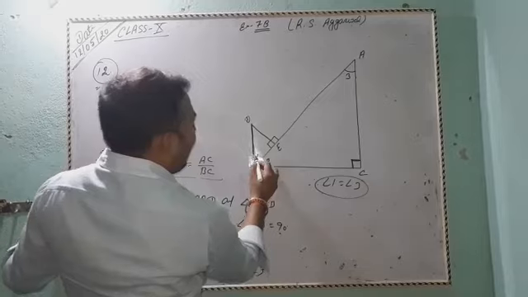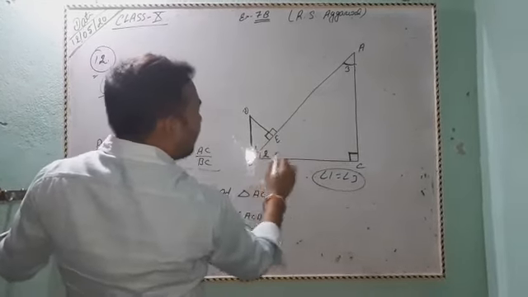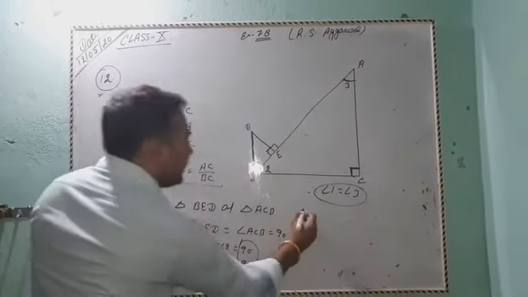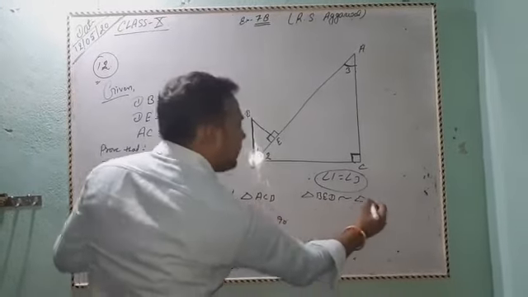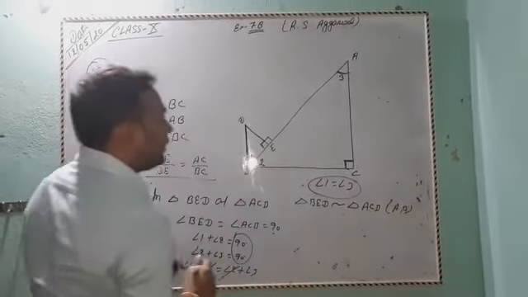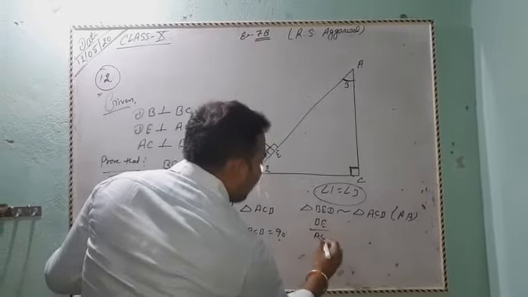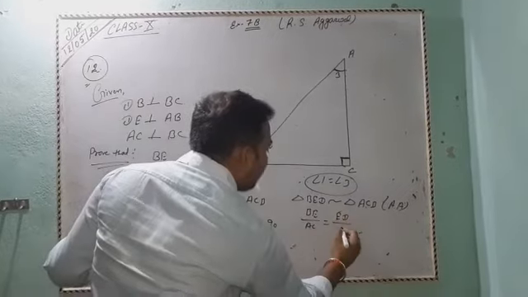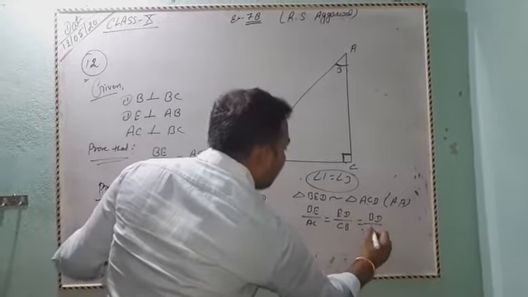So angle 1 equal to angle 3 and angle DEB equal to angle ACB, then we say that triangle BED is similar to triangle ACB. Angle similarity. Okay, so we write that BE by AC equal to ED by CB equal to BD by AB.